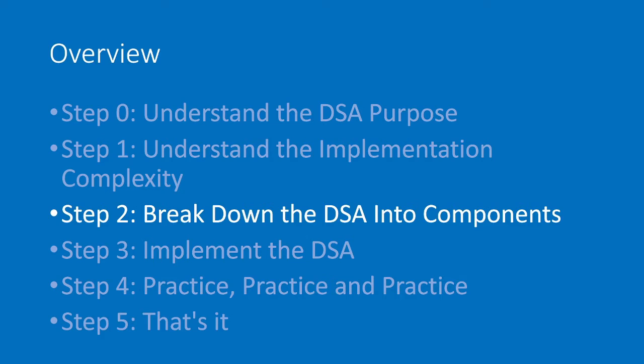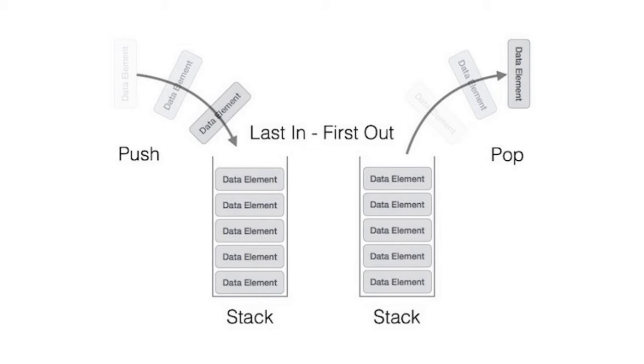So next thing is to break down the DSA into its smallest subcomponents of interest. Here is an example. Let's say we have a stack. You have 2 main elements and 2 main actions on the stack. There are others if you want to get fancy, but those are the 4 main things. So we have a node which contains information.